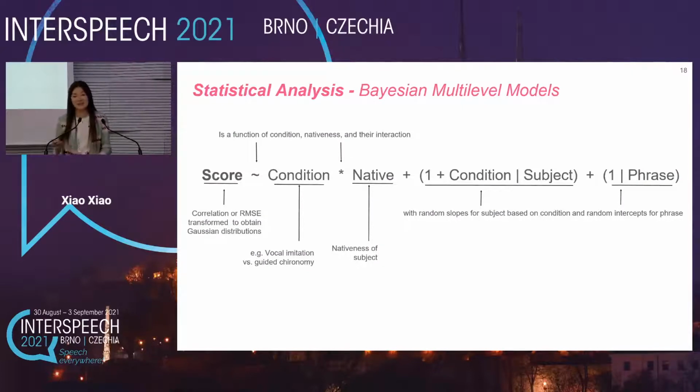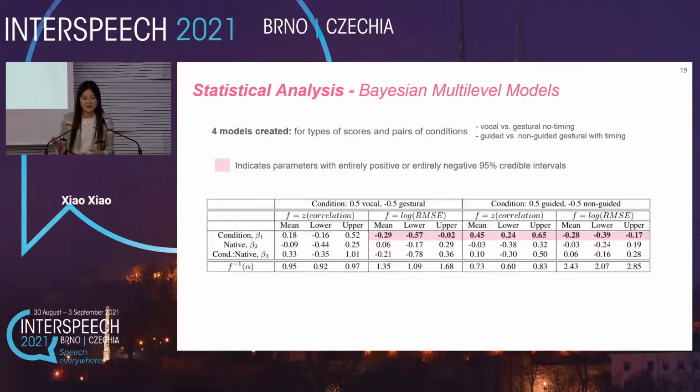In the paper, we talk about different types of models that were used in model comparisons, but just the one that we settled on models score, which we had to transform to get Gaussian distributions. The score is a function of the condition, the nativeness, as well as their interaction, plus random intercepts for phrase to take into account that phrases could have different difficulties, and random slopes for subjects based on condition to take into account that different subjects might perform differently in different conditions.